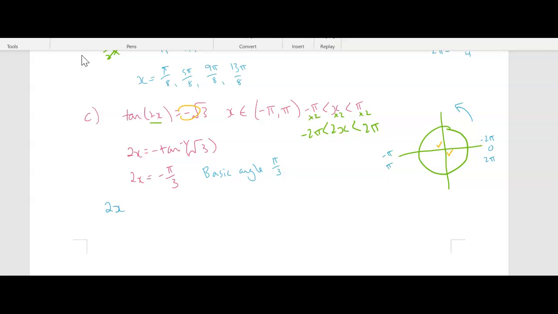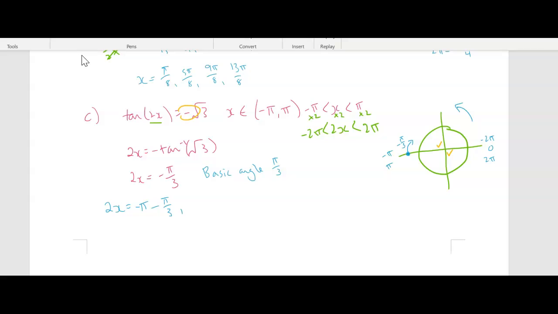Okay, so 2x equals. So our first solution is going to be negative pi. So we're in the second quadrant, so negative pi, and then we've got to go back to pi on 3. So remember, our solutions are always taken from the horizontal. So we're basically going here at negative pi and then going back pi on 3, sorry.